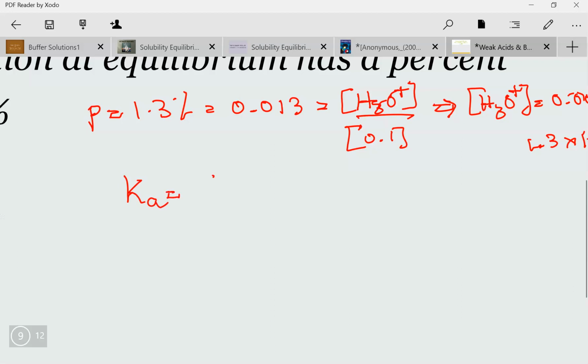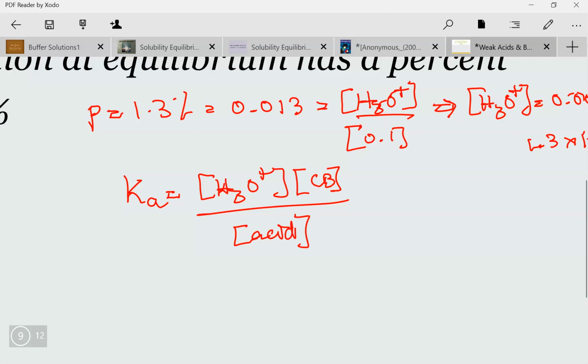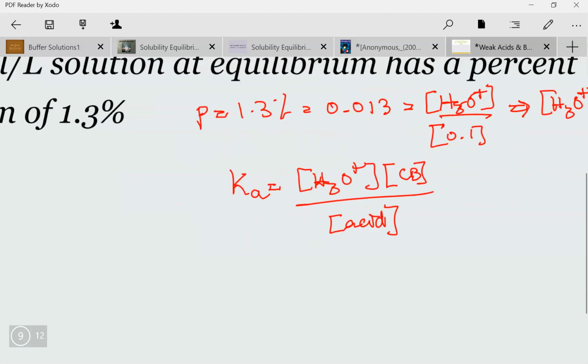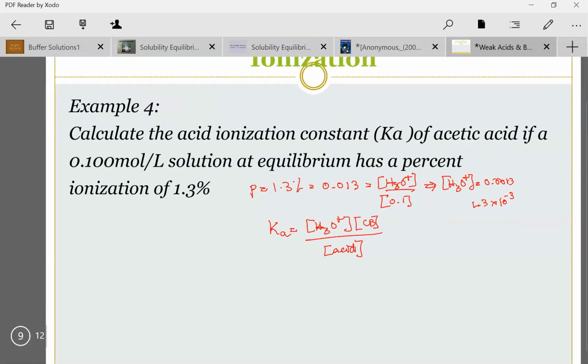equals H3O plus times my conjugate base divided by acid. And you know what, I said I'd do it the long way. Let's draw a nice table.